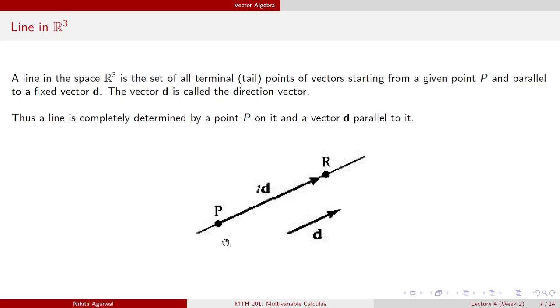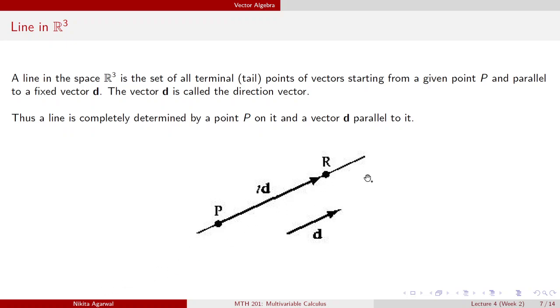So if you look at this picture, you consider a point P, and you consider the direction D. Now you draw all the possible vectors in this direction starting from the point P, and you look at where these vectors end, and you collect all such points. You don't consider only vectors in the direction of D but also in the negative direction of D. So basically you are taking all scalar multiples of D, positive and negative both.